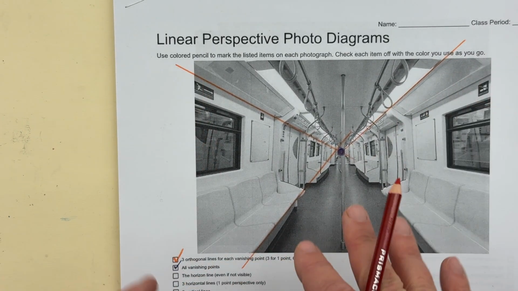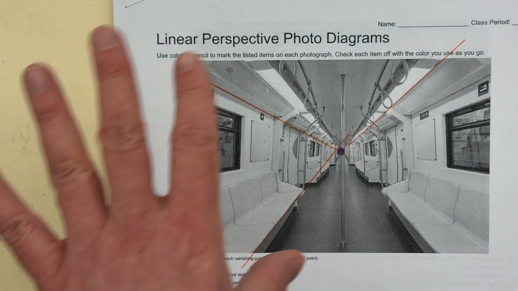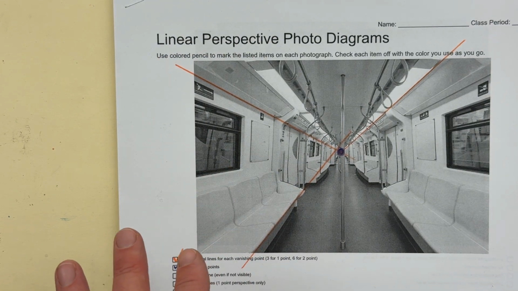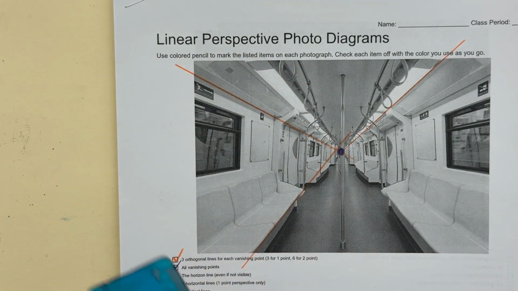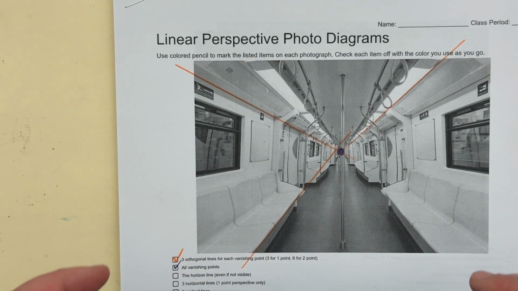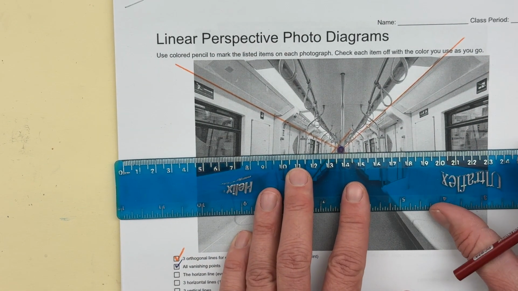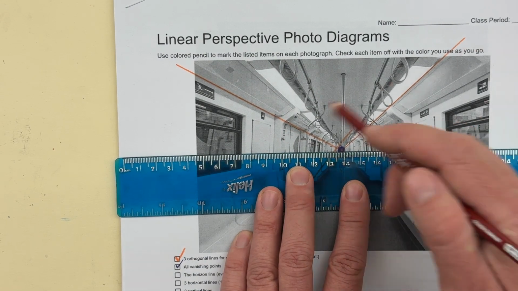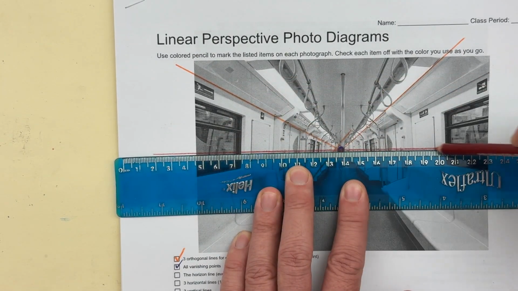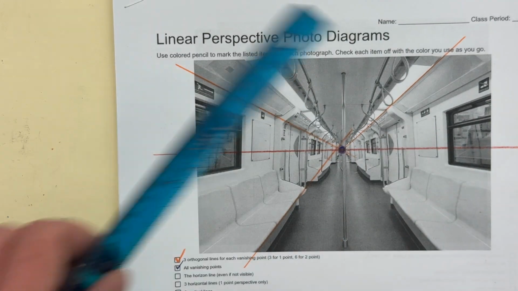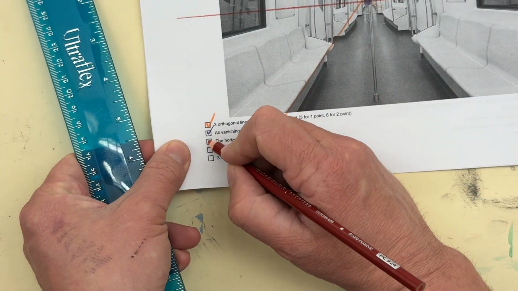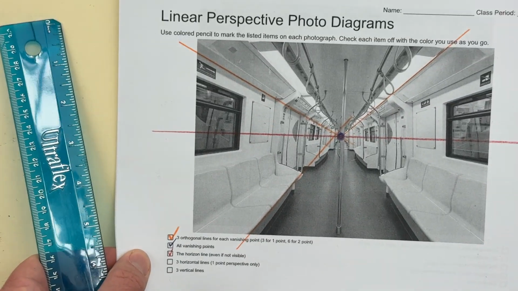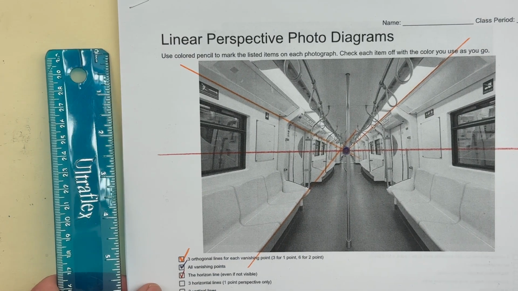So the first thing was finding the orthogonal lines. We can find those by looking for those strong diagonals. Once we have some of those marked in, we can tell where the vanishing point is. And once we know where the vanishing point is, we can tell where the horizon line is going to be. All we need to do is draw a horizontal line that goes through that vanishing point, and there's our horizon. I'm going to check that off with my red because that's the one I used. I'm going to put it off to the side here.